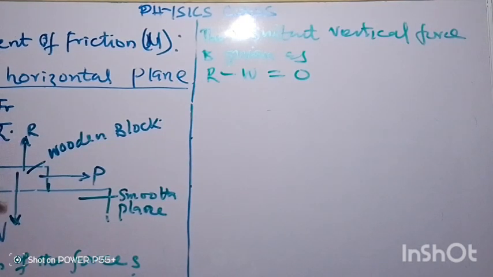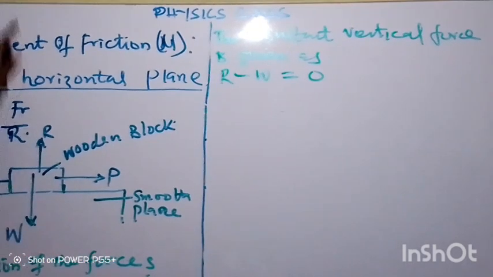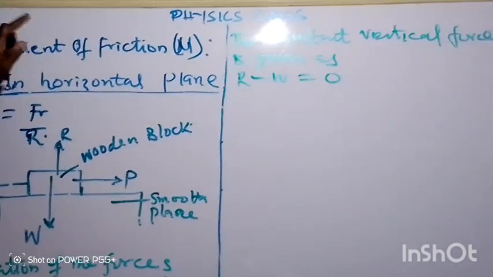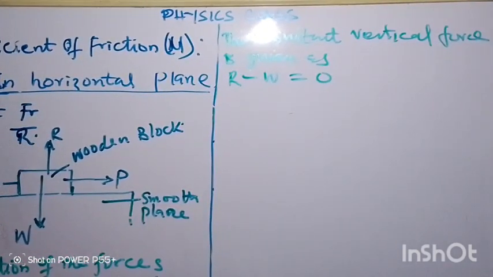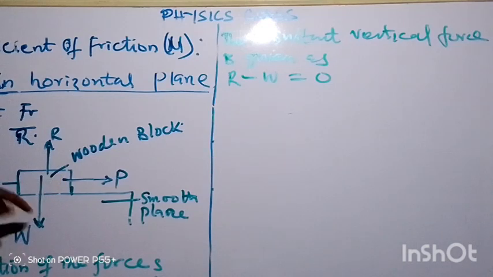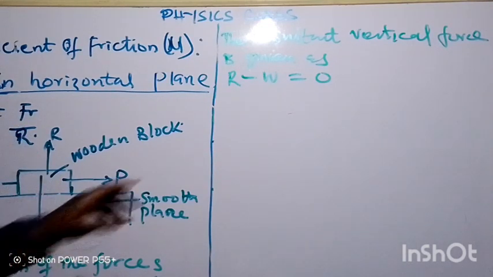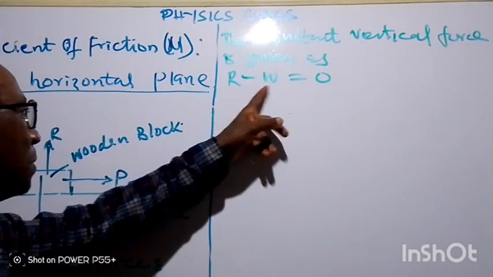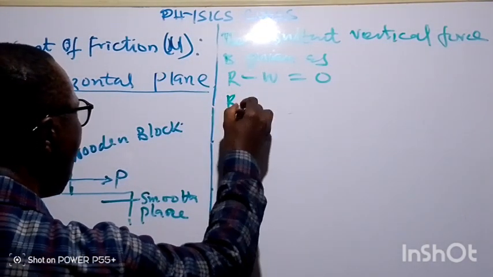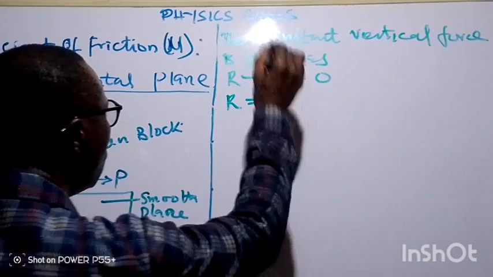R is going up, that's the direction of the normal reaction, as we defined in our former lesson. The normal reaction is that perpendicular upward force, while the weight of this block will act downward. So they are in opposite directions. That is why we say R minus W is equal to 0. That's the resultant vertical force. So from this we can say R is equal to W.